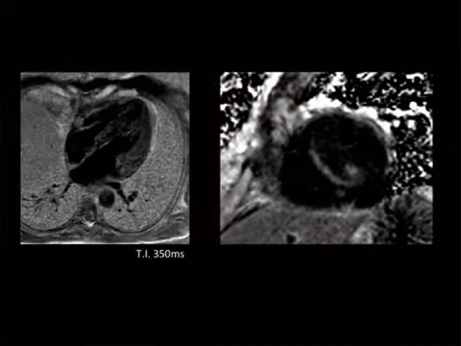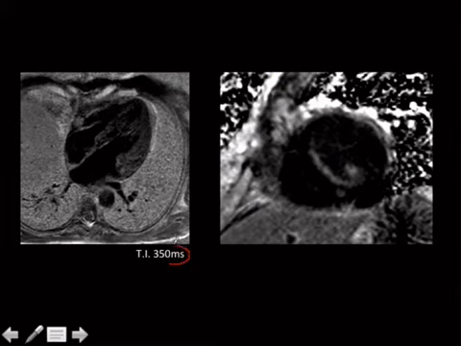Okay, here we go. A couple of hints on this one. First of all, notice that the blood is darker than the myocardium. That's unique to this. Nothing else has that, right? You don't see that on anything else. Also notice that I've provided you with this inversion time, which is very long, right? We said normally it's around 200 or so.